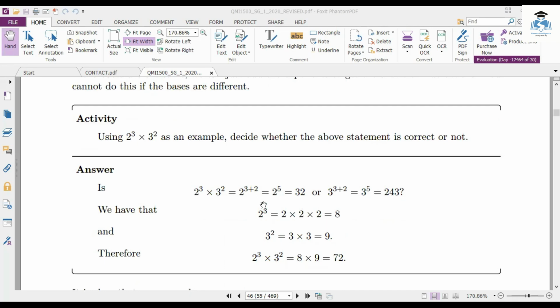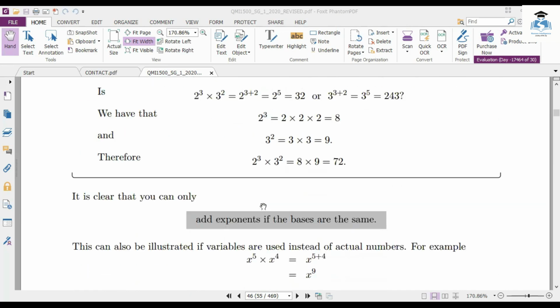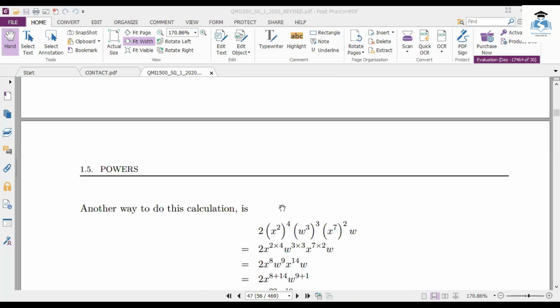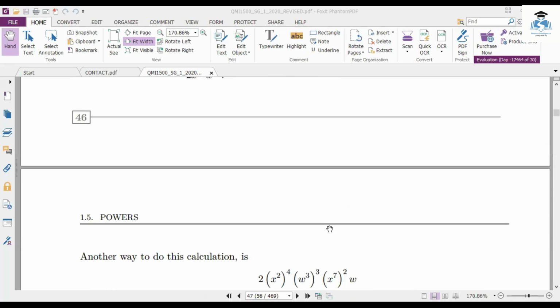So you see here, I want to check an exercise. You see this one: 2x to the power 2, all to the power 4, times w to the power 3, all to the power 3, over x to the power 7, all to the power 2.